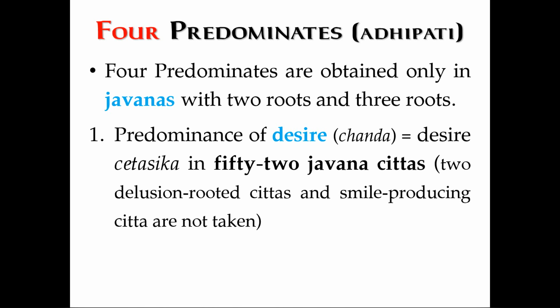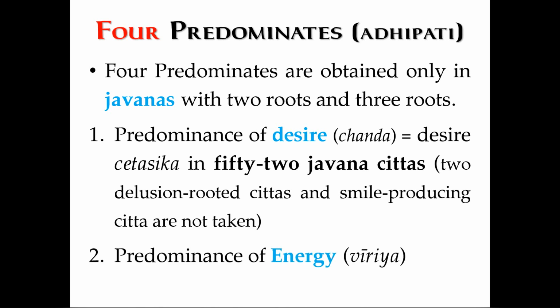They are javana, but not very powerful. So predominance of desire, chanda, is the desire cetasika in the 52 javana chetas with 2 roots and 3 roots. A very strong desire.